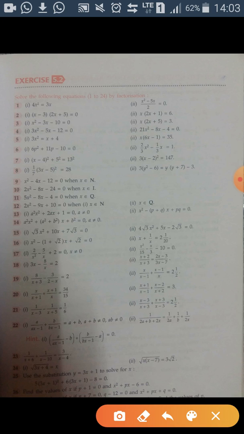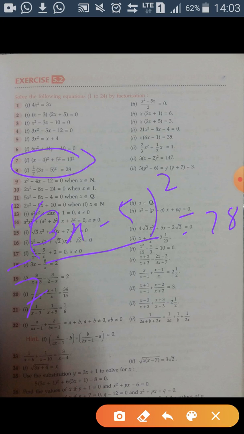Next we move on to number 8's 1, where you write 3x minus 5 whole square as it is, with a 1 by 7 over here, is equal to 28. You know how to solve this a minus b whole square.